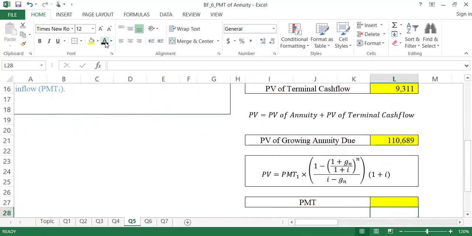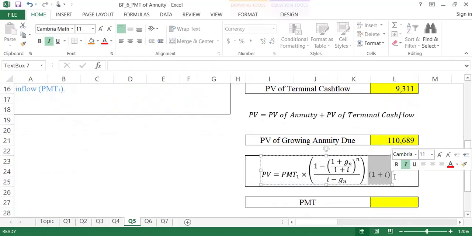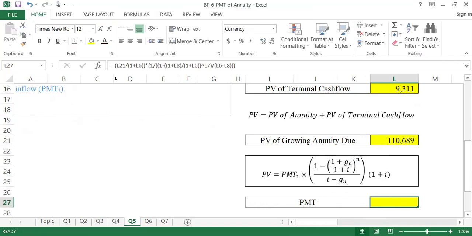Now, using the present value of a growing annuity formula, look, this 1 plus I over here indicates it's an annuity due. Put the values of GN 1.5%, I of 2.5%, N of 40. Over here, it will be 1 plus I. It's only compounded for 1 quarter. And we can find the PMT of 3328.